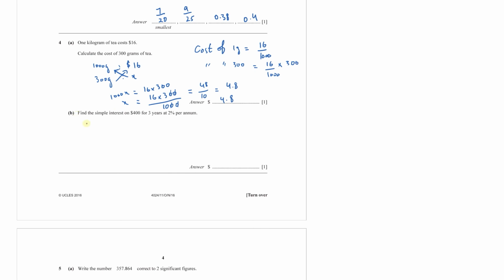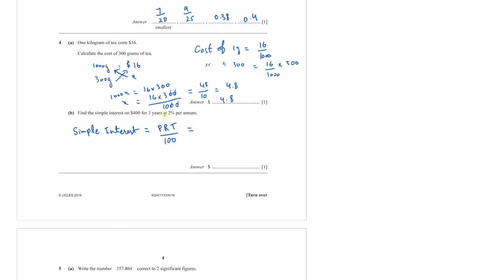Part B is find the simple interest on $400 for 3 years at 2% per annum. So this is simple interest, and you know that simple interest is given by PRT over 100, where P is your principal amount, R is the rate, and T is the time in years.